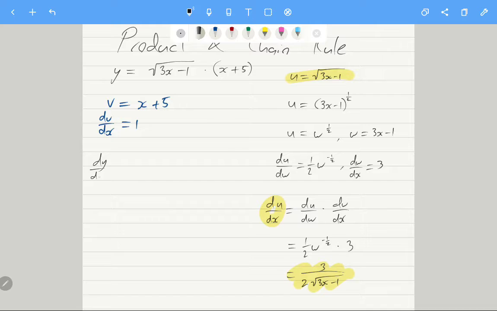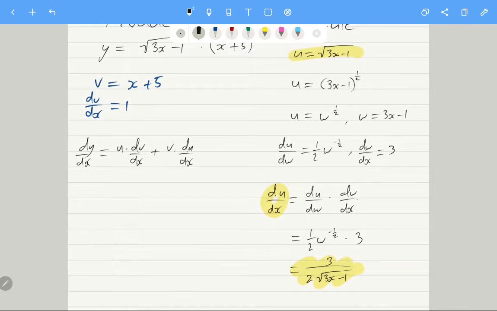So dy dx is going to be equal to derivative of the first times second, du dx v plus dv dx u. Alrighty, so there's chain rule in full flow. Sorry, just rewritten the product rule properly. Alrighty, and now I can just do some substitution.